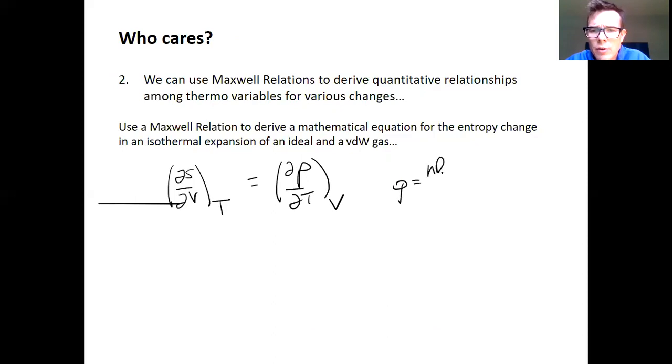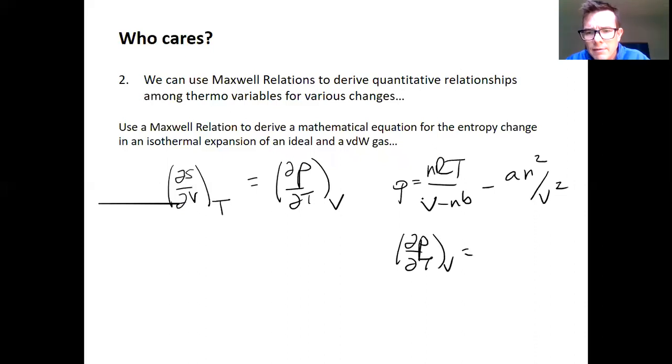So remember, the equation looks like P equals NRT over V minus Nb, minus a N squared over V squared. The partial of P with respect to T at constant V is equal to NR over V minus Nb.